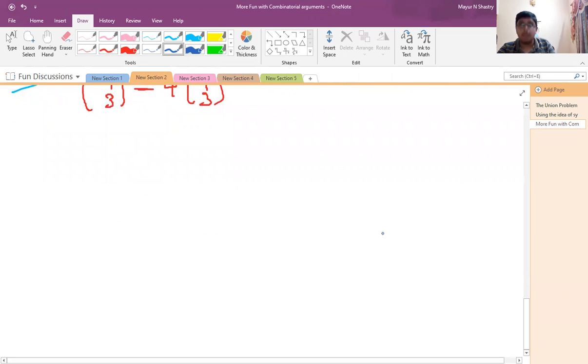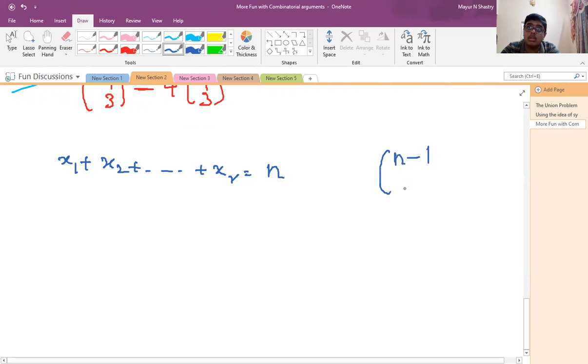So let us consider this x1 plus x2 plus all the way up to plus xr equals n. And we just derived that the number of positive integral solutions for this is going to be n minus 1, choose r minus 1, positive integral solutions.